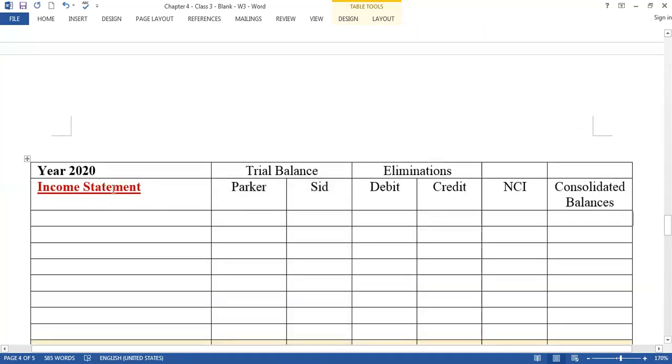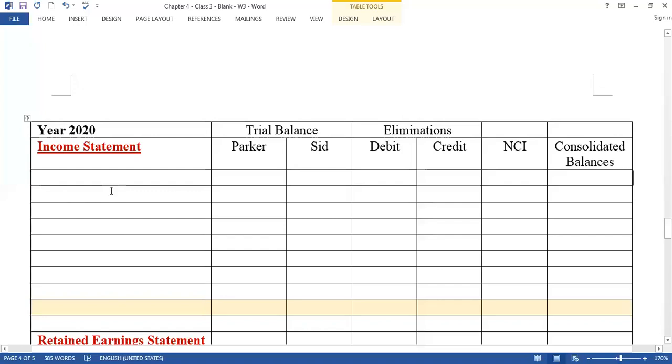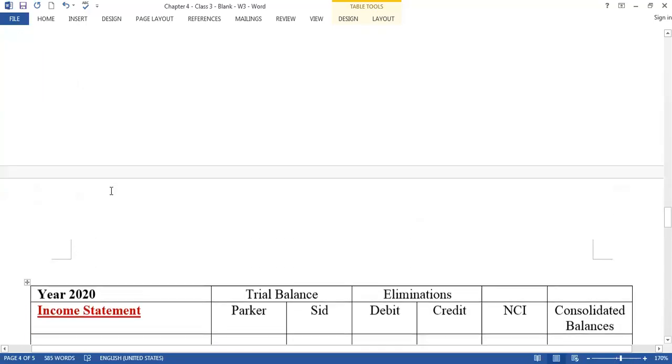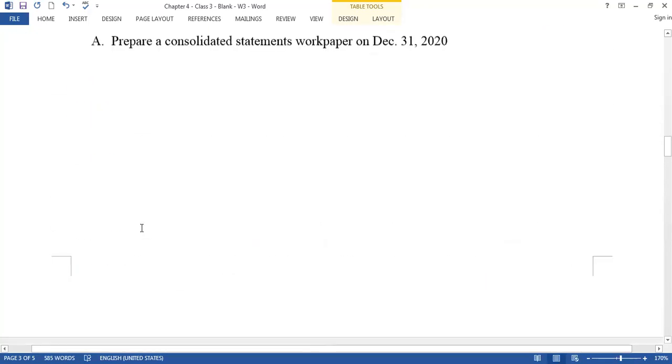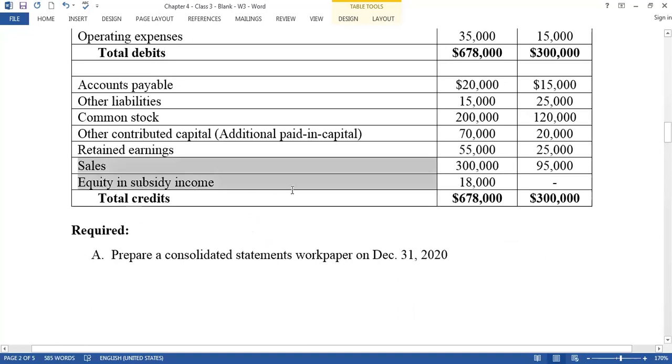First, this is the income statement. It starts with revenue, right? Don't forget that it is the equity method, so we don't have any dividend revenue. The cost method has dividend revenue, but the equity method does not; it has equity income. So go to the trial balance. We find these two.